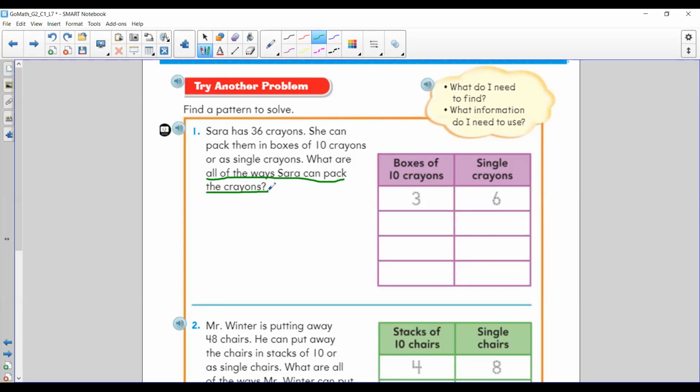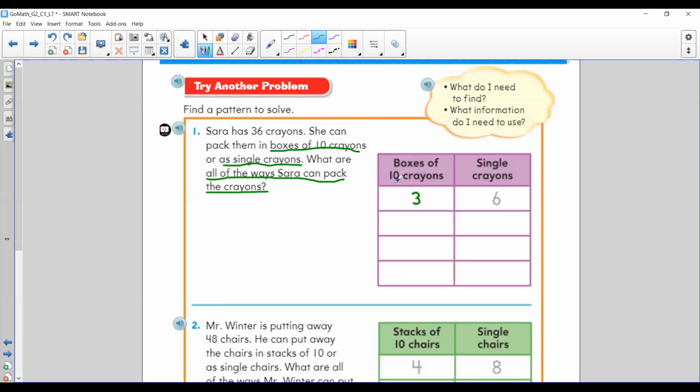And what information do we have? Well, we have how she can pack the crayons, which is in boxes of 10 or as single crayons. So there are 2 different ways she can pack. And remember our pattern, we can do this as a pattern. Well, if she can do 3 for 36 crayons, she can do 3 boxes of 10s.